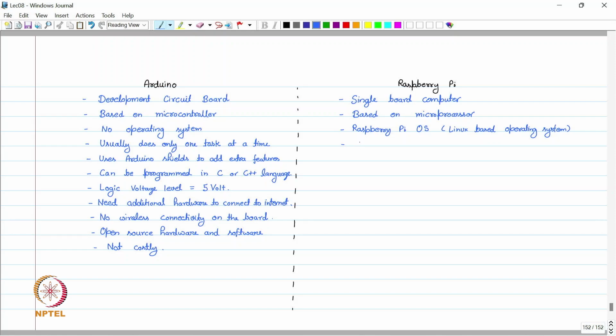It can perform multiple tasks simultaneously. Hardware can be attached for extra features.